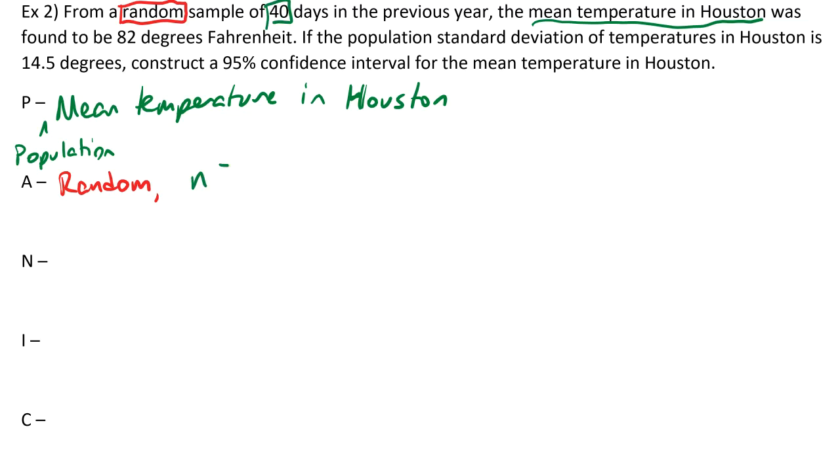Well, that's greater than or equal to 30. So we got that condition covered. And lastly, we need to know if we have the population standard deviation. And in this case, yes, we do. So sigma is known. All right, so as long as sigma is known and those other two conditions are true, then we're using the z-test.